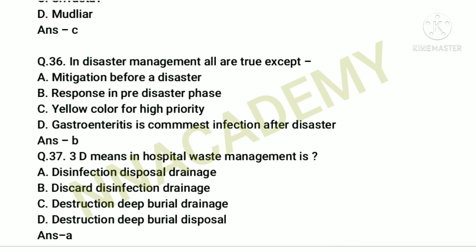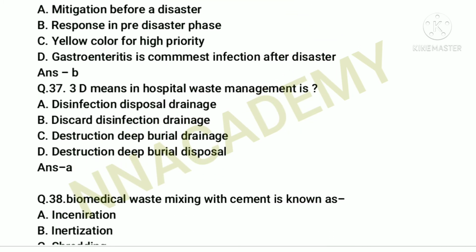So in disaster management, all the given options are true except one. What is that answer? Here, response in the pre-disaster phase is the wrong option. Mitigation before a disaster, yellow color priority, and gastroenteritis are all true, but the response in pre-disaster is the wrong option. So here it is the right one.